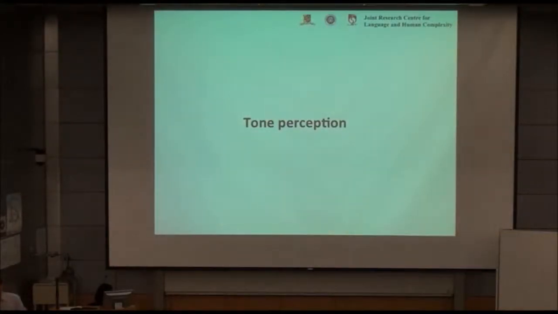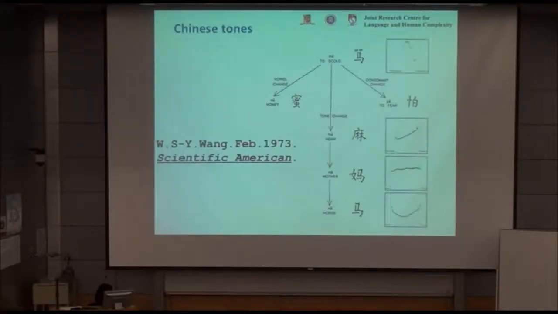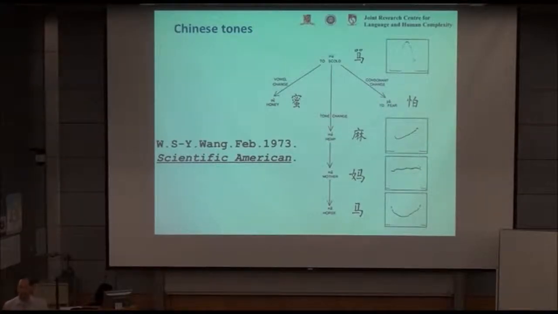First, I will talk about tone perception. As we know, in many languages, such as Mandarin and Cantonese, we use pitch patterns to represent lexical meaning. Here, the same syllable, ma, with consonant m and vowel a.